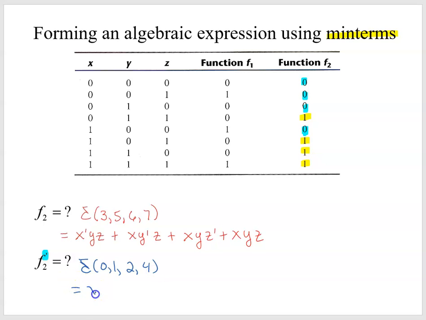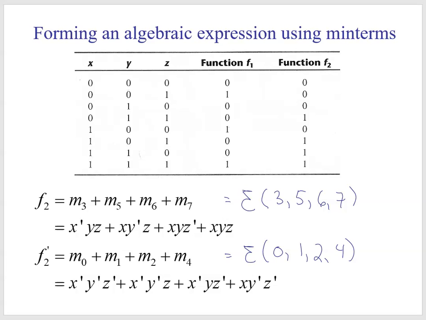So we get our x prime, y prime, z prime, or x prime, y prime, z, where only z is a 1, or x prime, y, z prime, or x, y prime, z prime. So we don't have the same terms in either of these in F2 or F2 prime because they're the complement of each other.